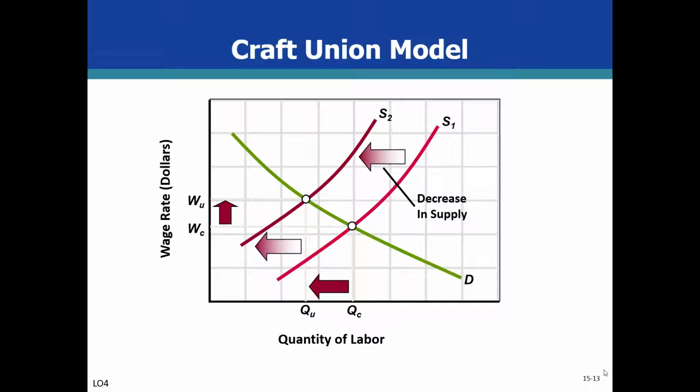Competitive market here being the wage of WC and the quantity demanded of QC, competitive. The craft union model now is at WU for a wage by restricting supply at QU.